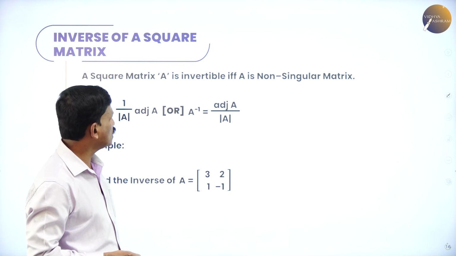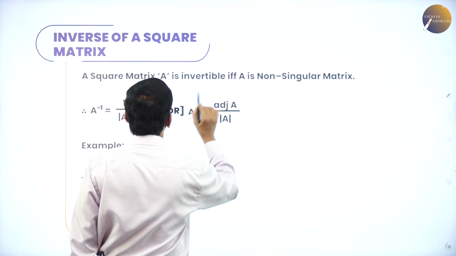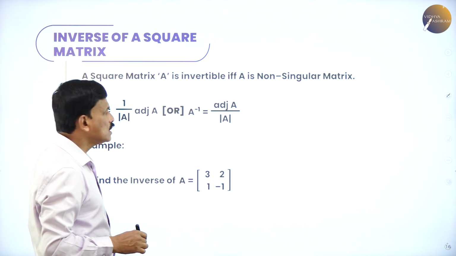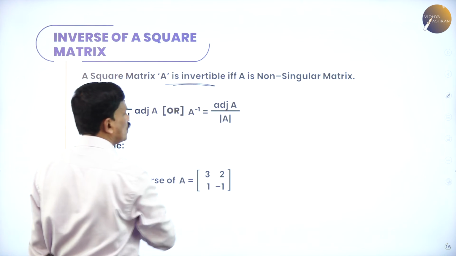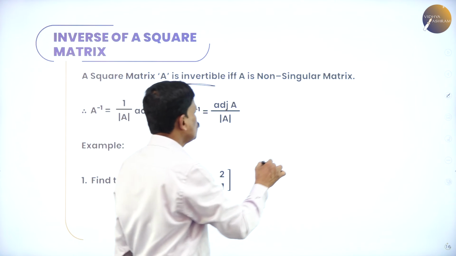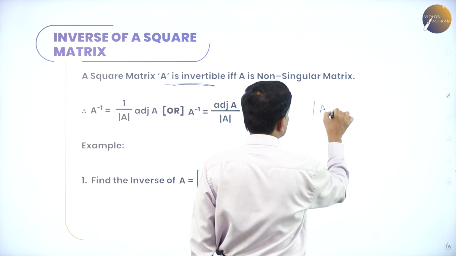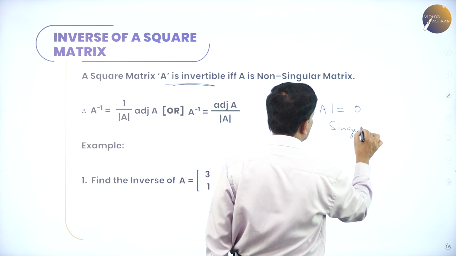Now, let us come to the next one. If A is a square matrix, A is said to be invertible if and only if it is a non-singular matrix. You know what is singular and non-singular? If determinant of A is equal to 0, then it is called a singular matrix.